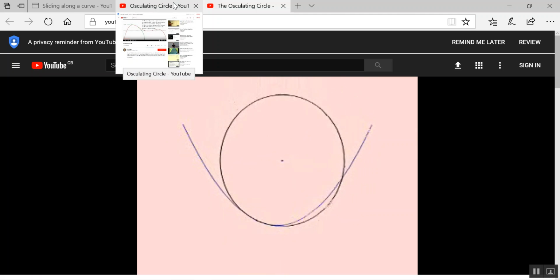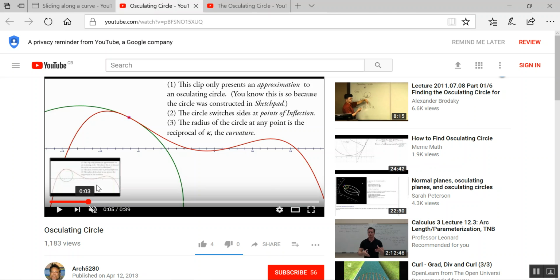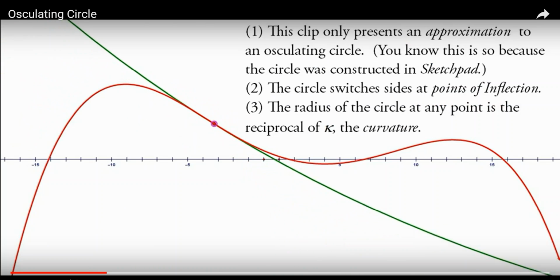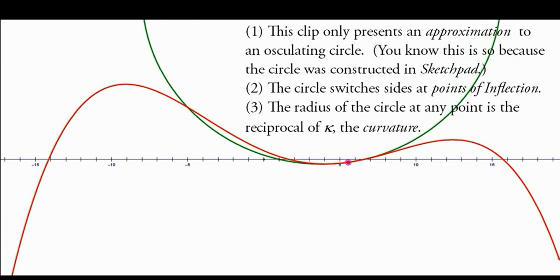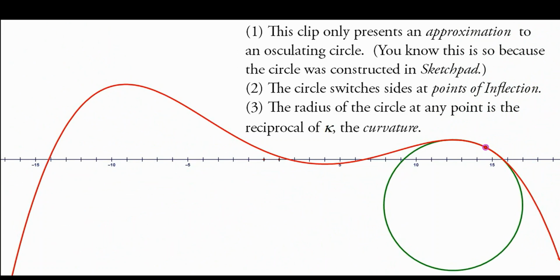And here is the other one of an osculating circle. This one's a little bit more exciting because it's not just a parabola. It's got a little bit more movement to it, and you can see the osculating circle as we move across this curve.